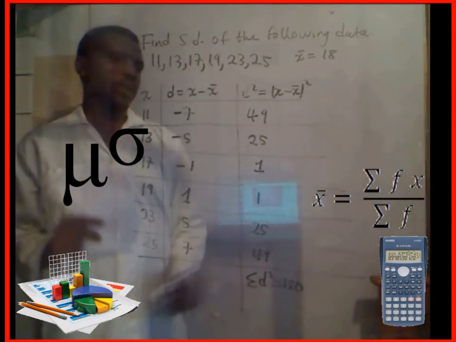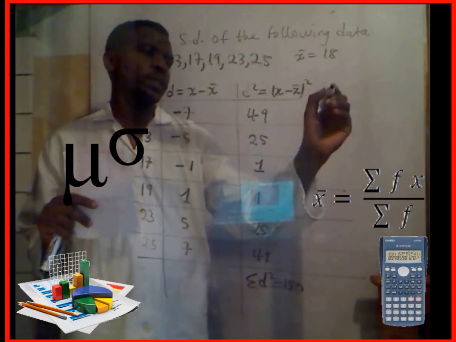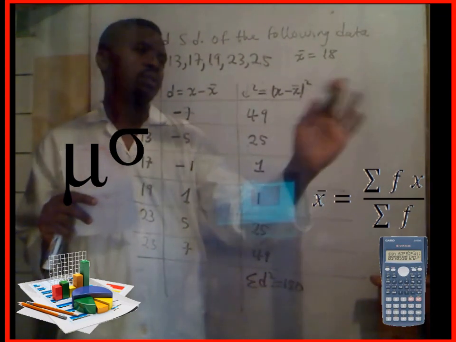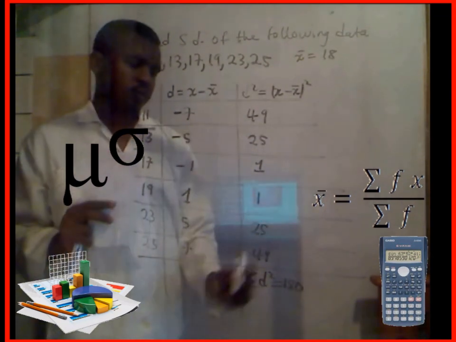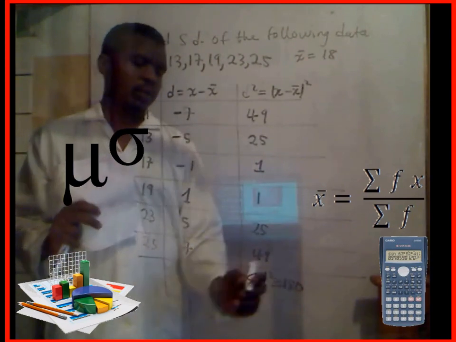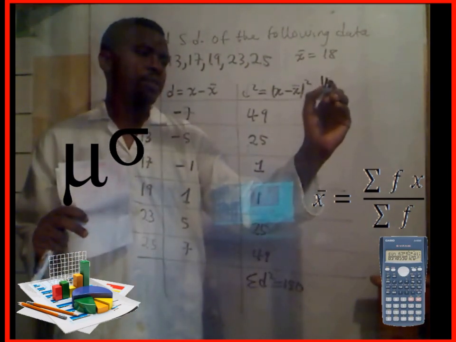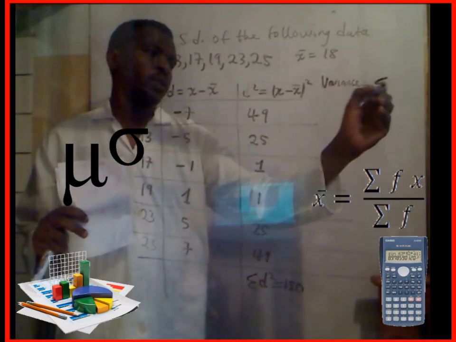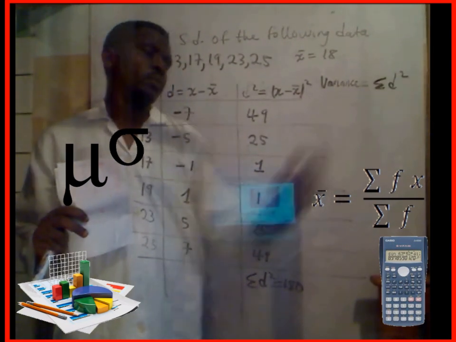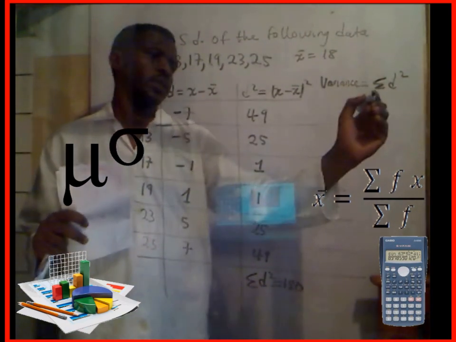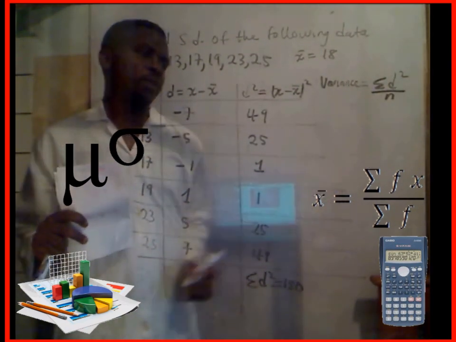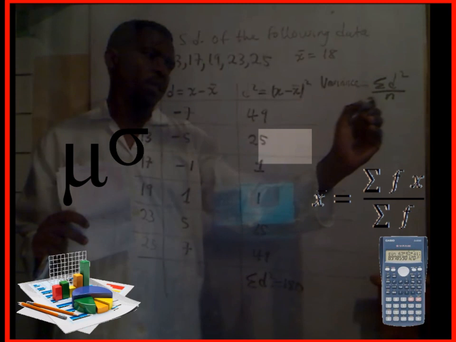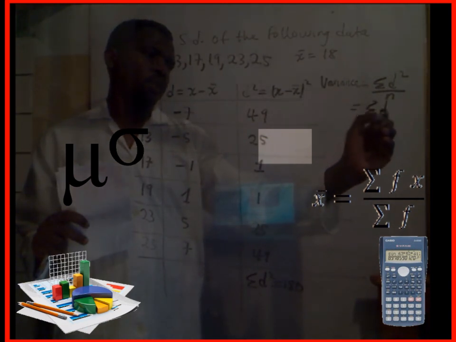So now we get our standard deviation from variance. So variance is equal to the sum of this deviation divided by the total number of scores. So we can say the sum of d square divided by n.